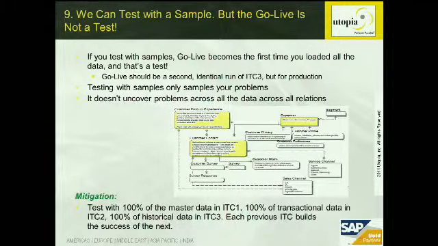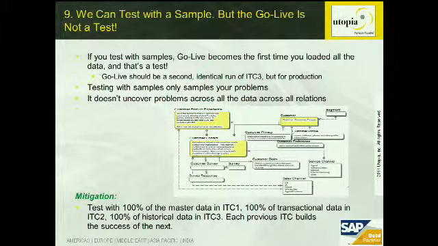So the next one, or the last one, is that we can test with the sample, but I offer you, if you test with sample data throughout, you're only sampling your defects. That means when you're loading your data in ITC1, you're using a sample. Okay, fine. And then ITC2, you're using a bigger sample, fine.